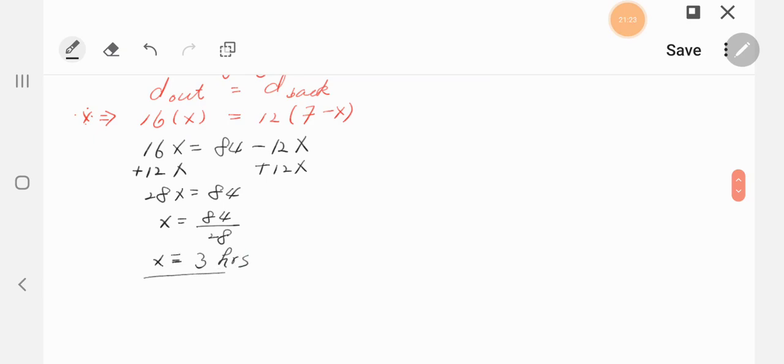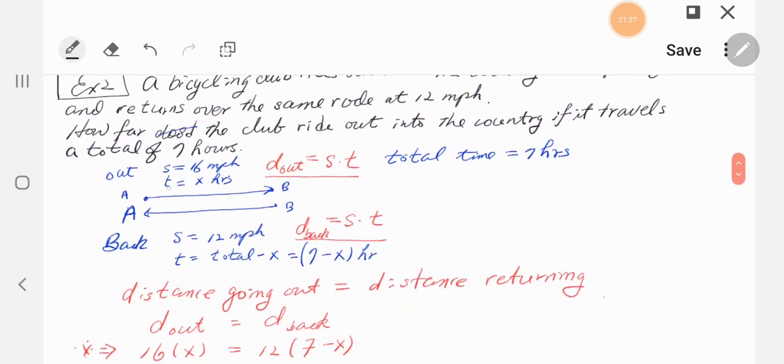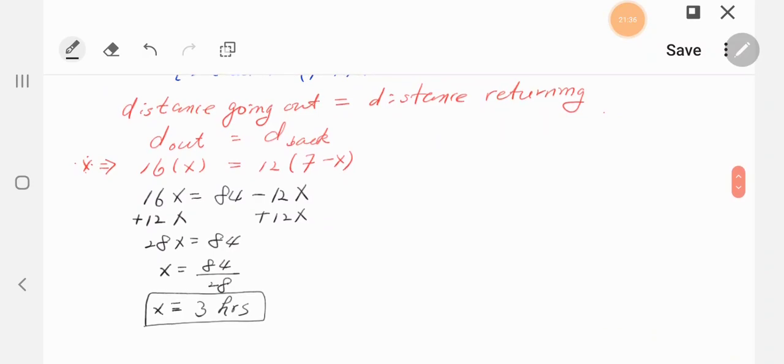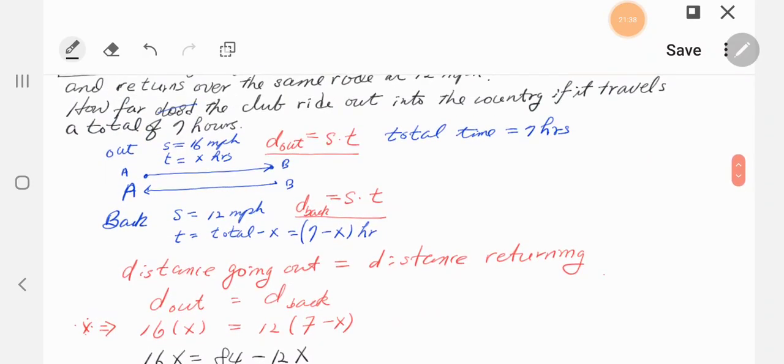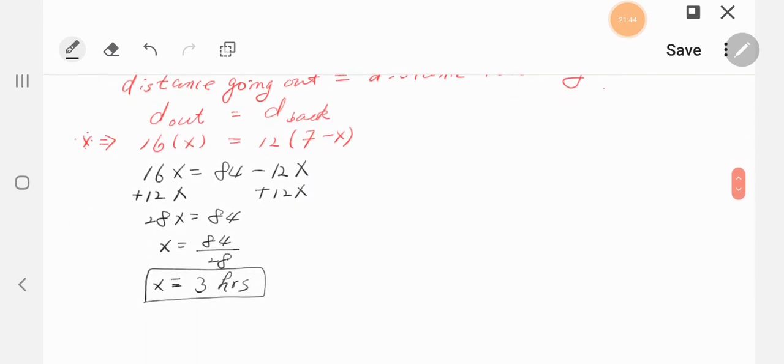Okay, x is the value of what? x is the time going out, right? So when you go out, this guy bicycled for 3 hours. So how far does the club ride out into the country? Then what is the distance d?